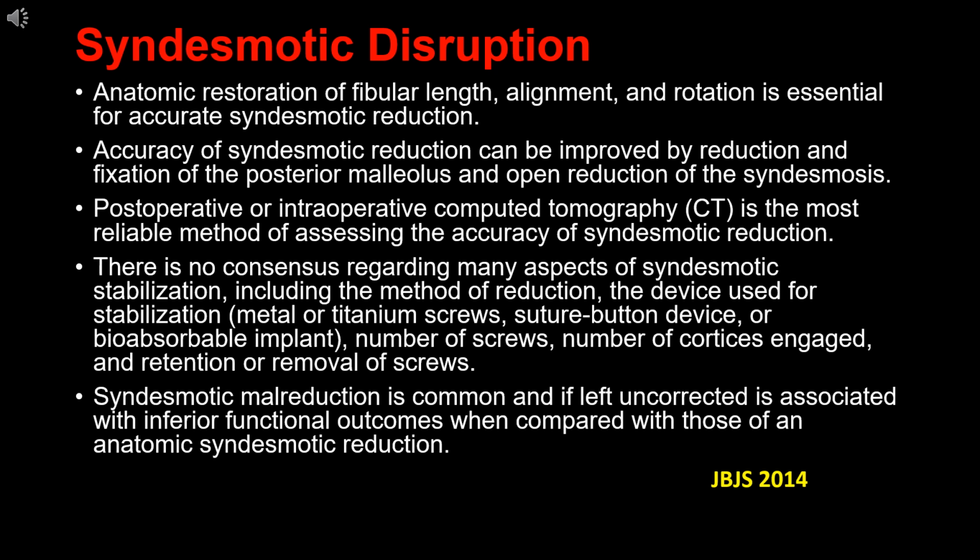There is no consensus regarding any aspects of syndesmotic stabilization, including method of reduction, the device used for stabilization like metal screws, titanium screws, suture button, bioabsorbable implant, number of screws, number of cortices engaged, and retention or removal of screws. Syndesmotic malreduction is common and if left uncorrected is associated with inferior functional outcomes when compared with those of an anatomic syndesmotic reduction.